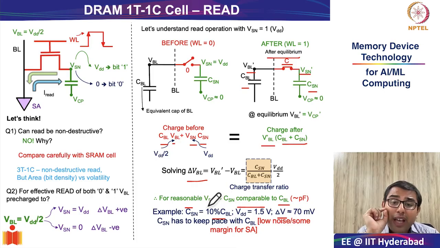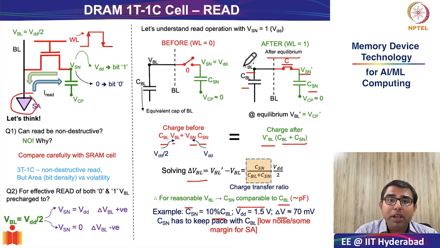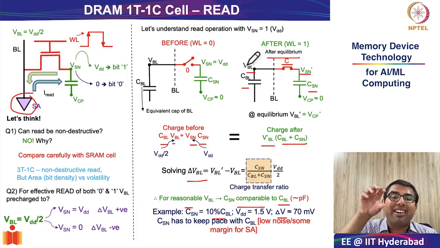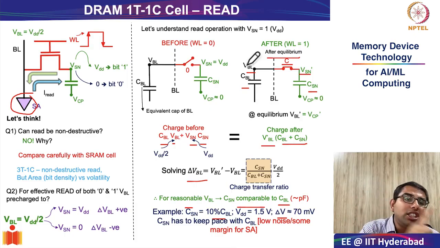This is very problematic because this delta VBL will go to the external sense amplifier circuit, which tries to read the difference between the original CBL value and the final CBL value.